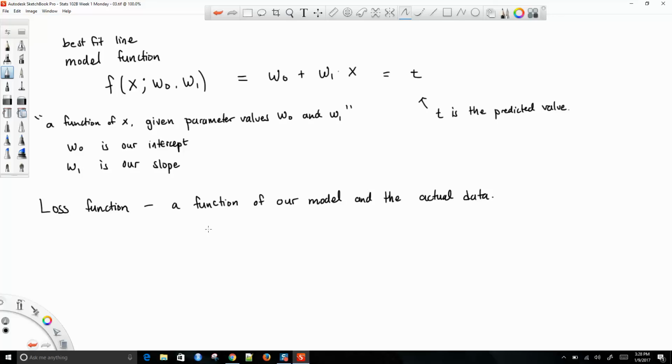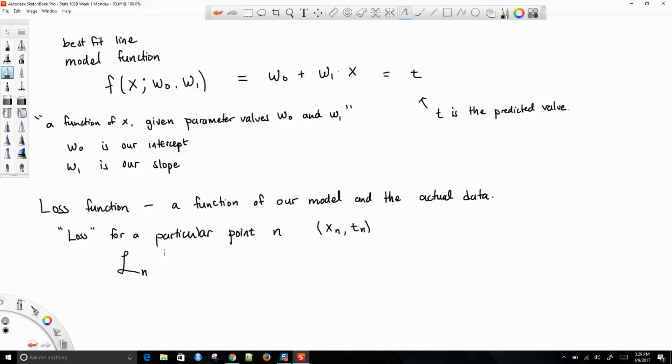Okay, so here, we defined our loss function as the sum of squared residuals. So this is what it looks like. We're going to just say the loss for a particular point n, the coordinates x sub n and the value t sub n, is L of n.